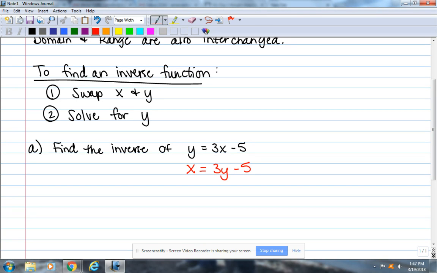So first I want to move the 5. How do you think I'm going to move the 5? Add the 5 to both sides. So that's going to be x plus 5 equals 3y. And how do you think we're going to get the y by itself? How do I get rid of the 3?